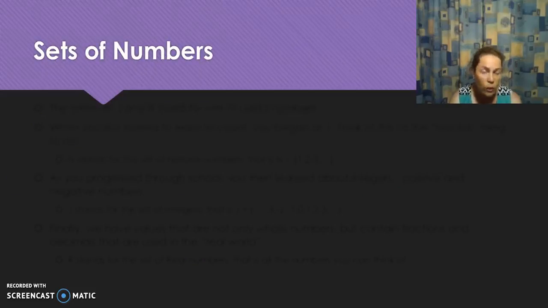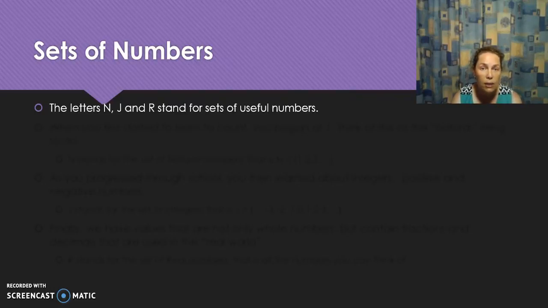Now, before we go on, we need to talk about sets of numbers, and this is most likely a new concept to you. What we talk about is for our independent variable of being able to set some boundaries to it. So we talk about different sets of numbers that we can use, and we use the letters N, J, and R to stand for some really useful numbers.